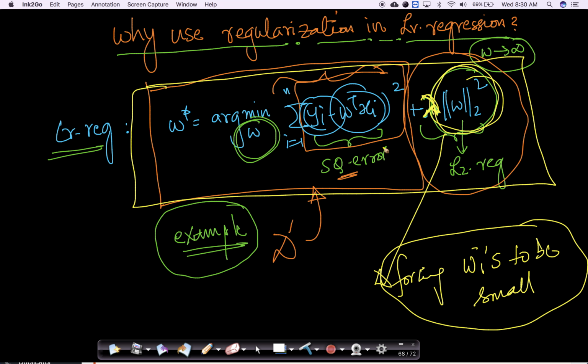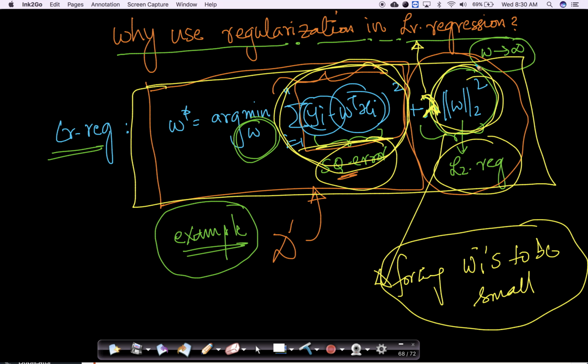But overall, because we have these two terms, what is the optimizer trying to do? The optimizer is trying to reduce the error, and while doing so, it is also trying to ensure that the values of Wi are small.